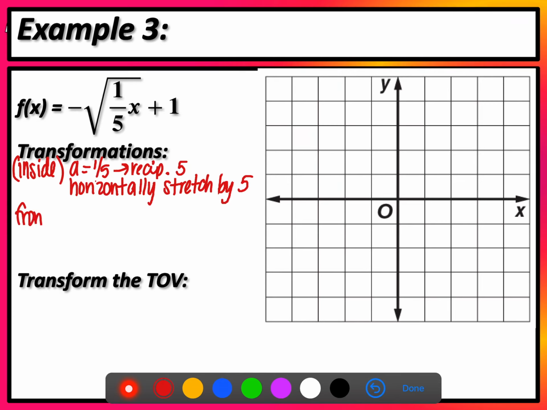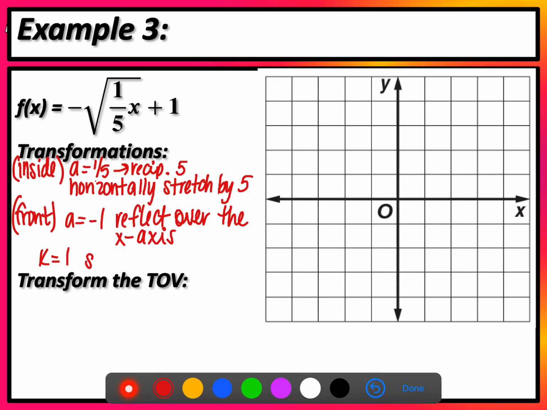Okay, in front, I have an a as well of -1. Okay, so this is going to reflect over the x-axis. And then I see k equals 1. So this is shifted up 1 unit.